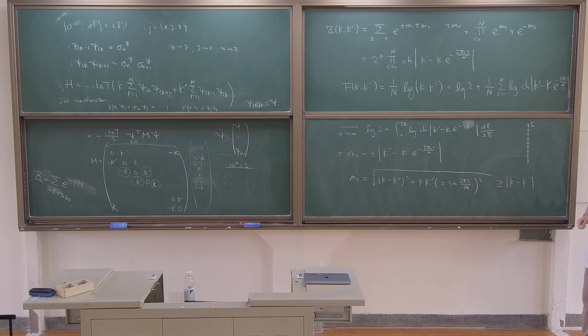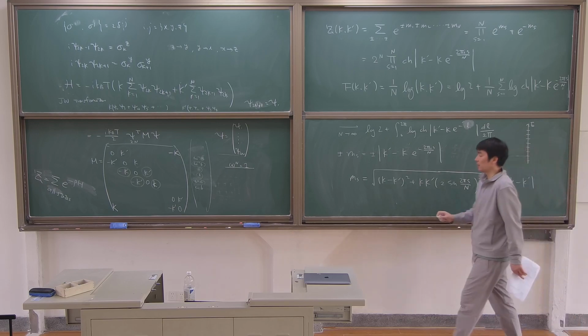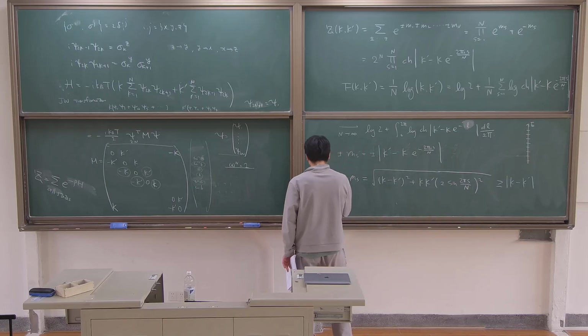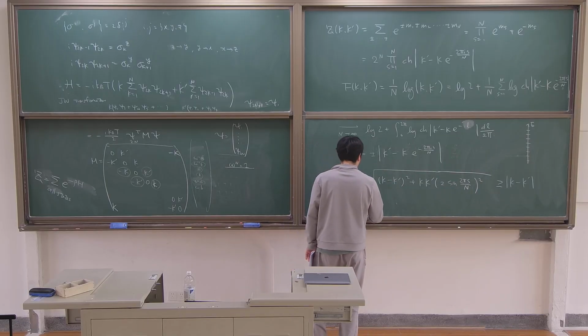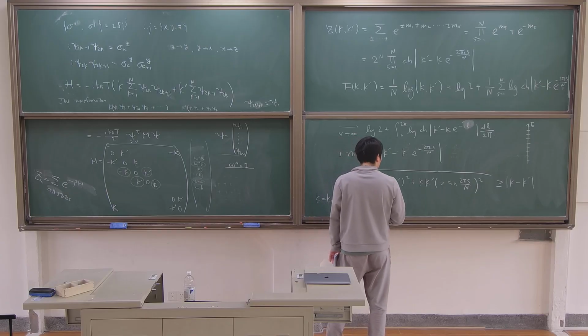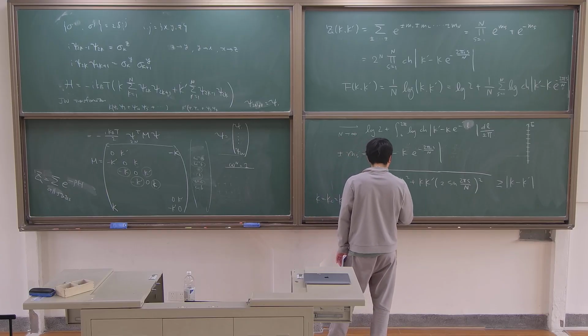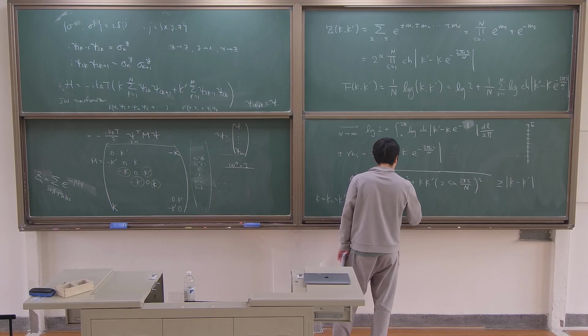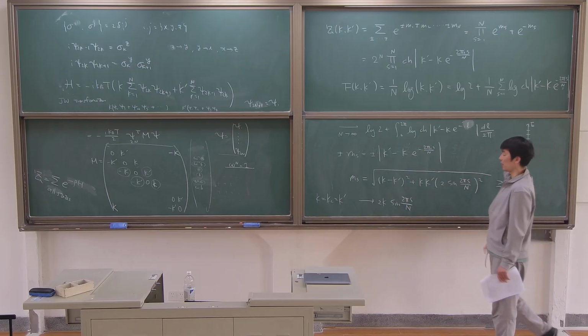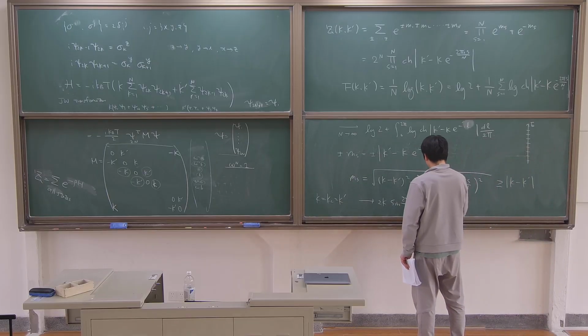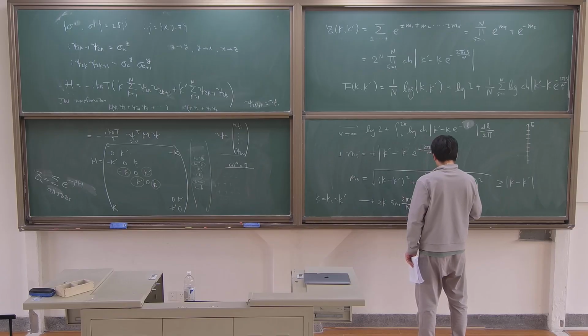On the other hand, at the critical temperature, when k is equal to k prime, this will become like this way. And then once you take n goes to infinity, it becomes gapless.